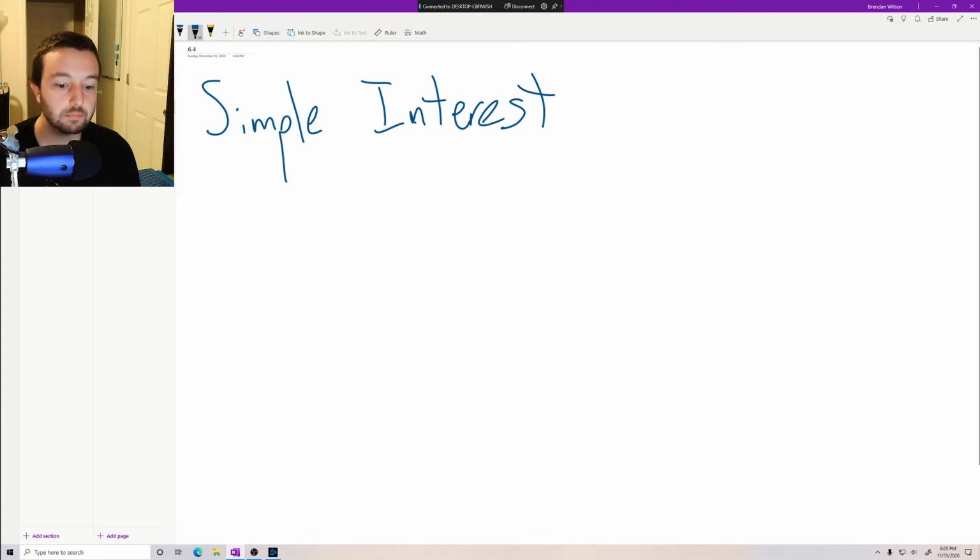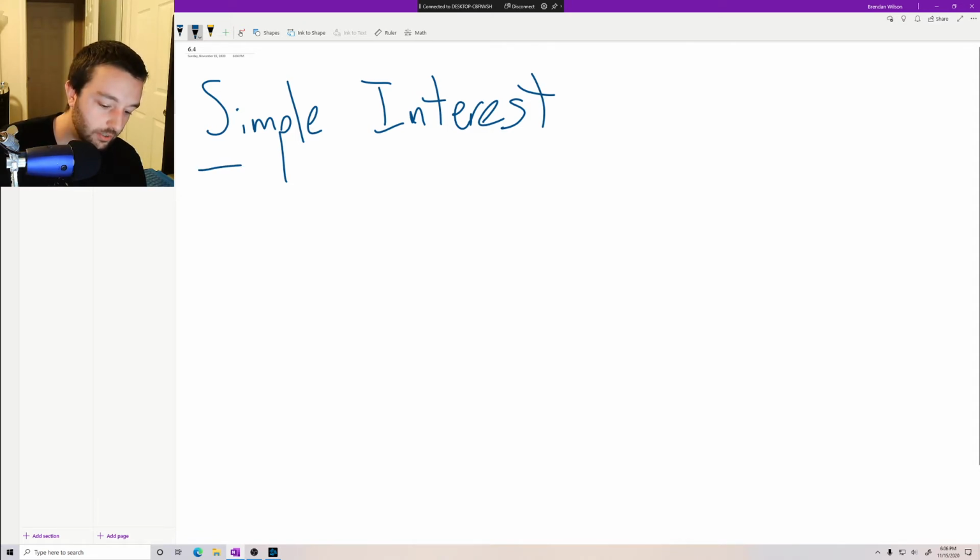If you put money in a savings account and get paid interest, that's essentially your bank borrowing your money and paying you interest for it. They take the money you put in that savings account and they invest it and try to make themselves money. And in exchange, they pay you an interest rate. So simple interest in particular is interest that's only paid on the original amount. So it's not paid on any new interest.